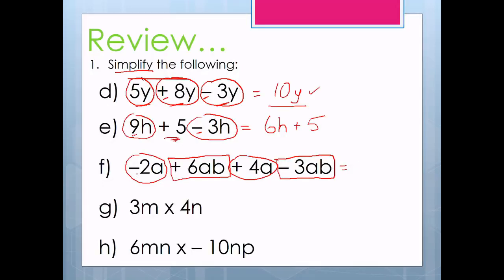I follow what the signs say, and I can collect the like terms. So with the negative 2a plus 4a, that's going to give me positive 2a. So I'm going to start by writing down 2a, and then I've got 6ab, and I'm going to take away 3ab. 6 minus 3 is 3. So the answer will be 2a plus 3ab, just like that.